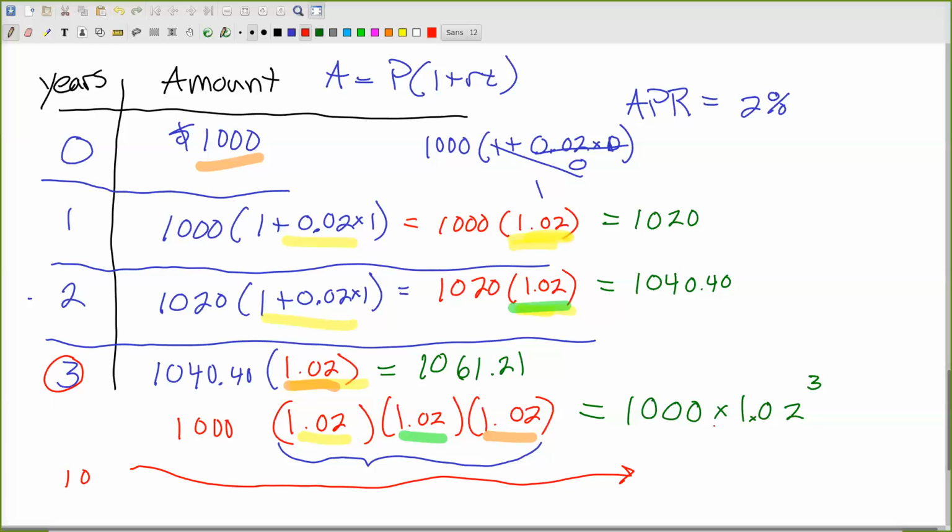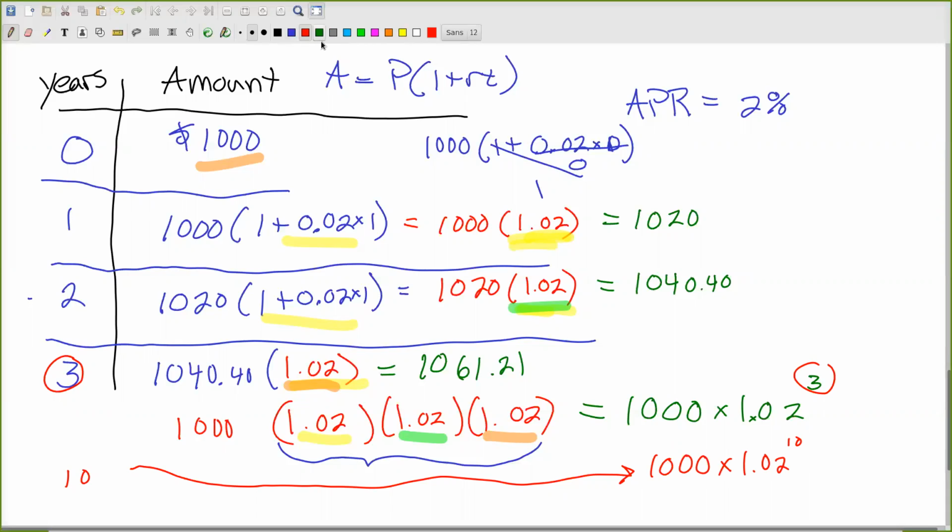Third year, third power, then it seems reasonable that the 10th year should have the 10th power. And I don't have to do year by year compounding. I can just jump straight to a prediction for the 10th year, which is kind of cool. And this is the essence of what compound interest is right there. It's an exponential equation because the only thing that's changing here is the exponent.